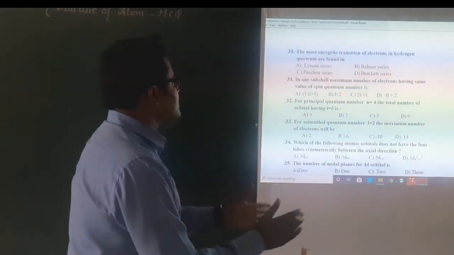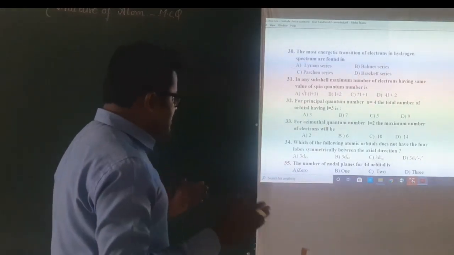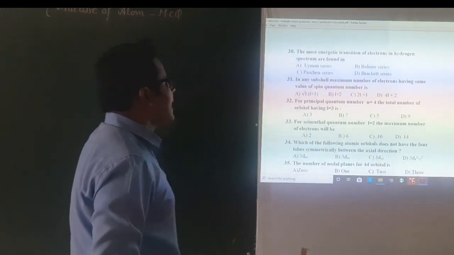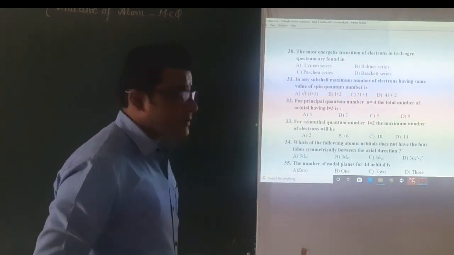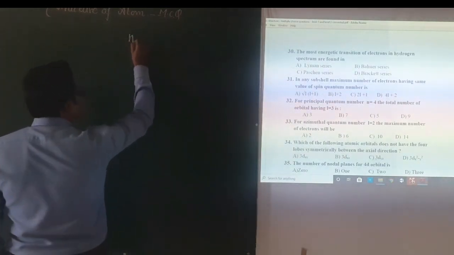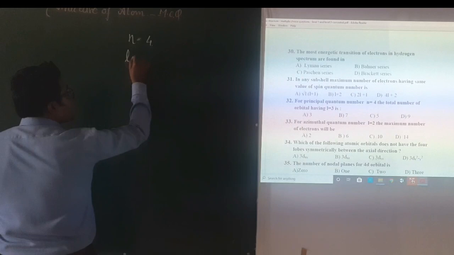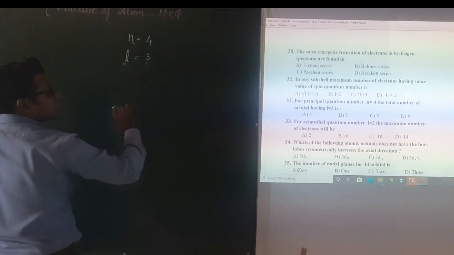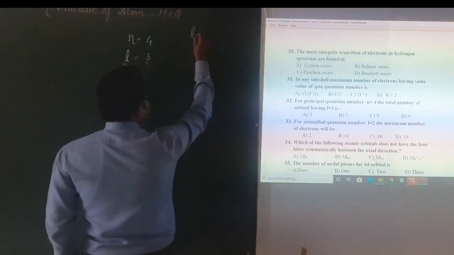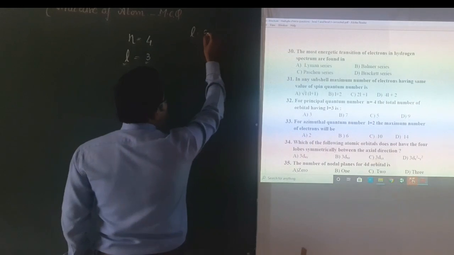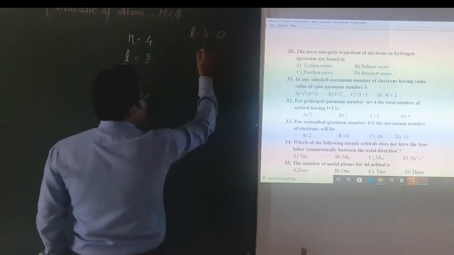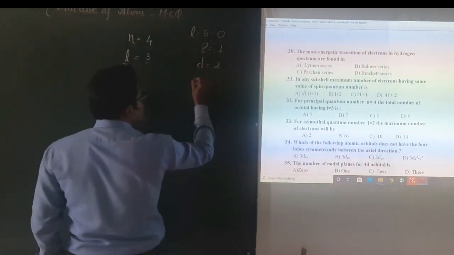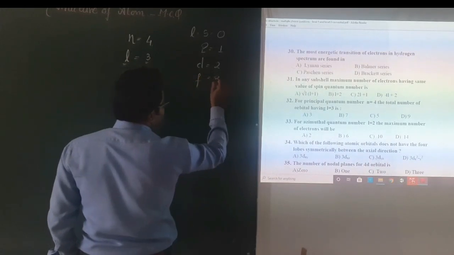The next one, question number 32. For principal quantum number n equal to 4, the total number of orbitals having l equal to 3. Principal quantum number is 4, l is equal to 3. Remember, l is nothing more than the azimuthal quantum number. l for s is 0, for p is 1, for d is 2, for f it's 3.